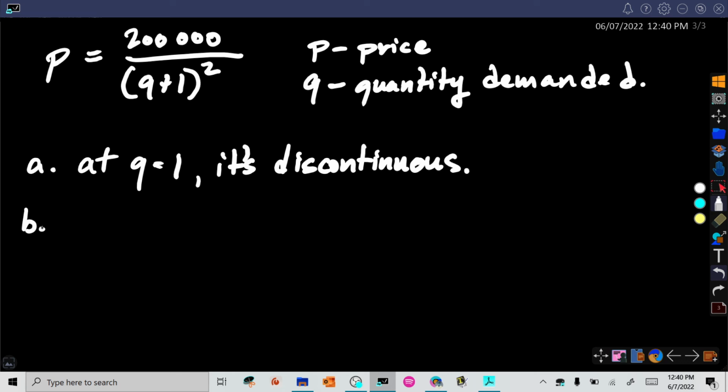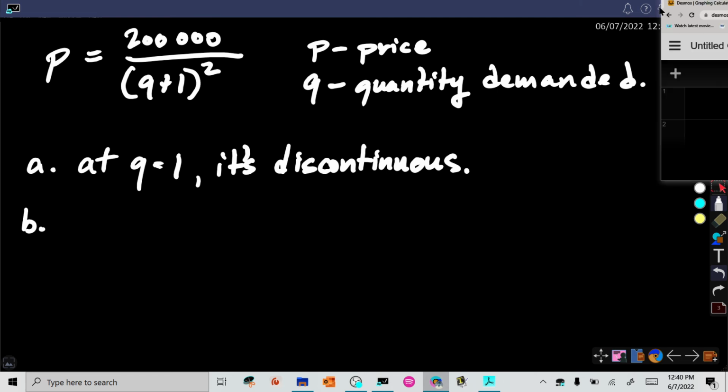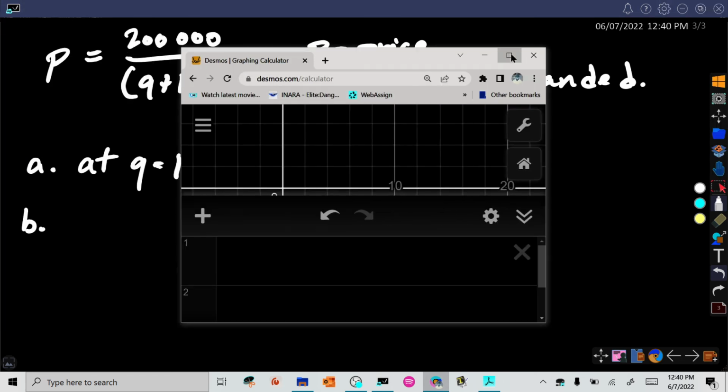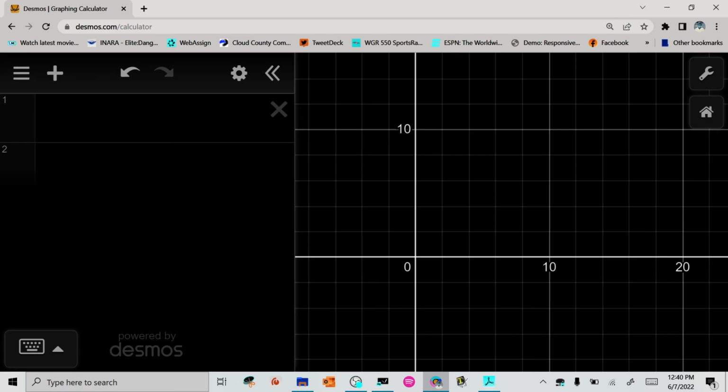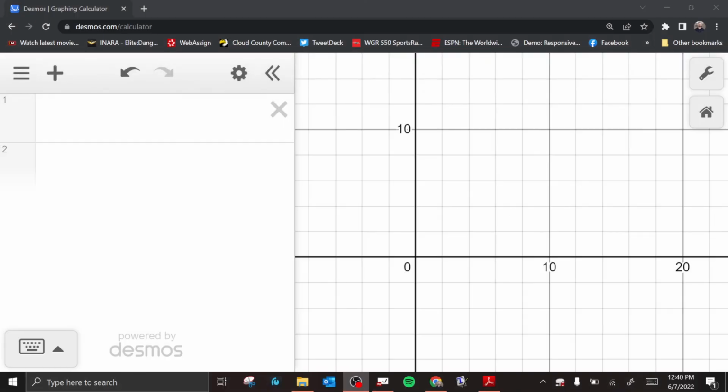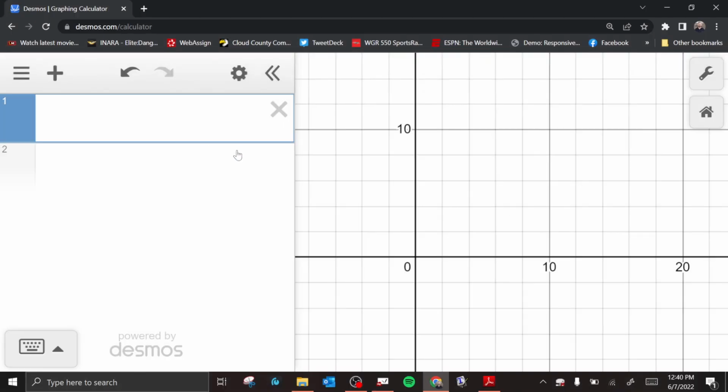So let's actually go ahead and graph this. So I'm going to go ahead and switch over to my browser here. Let me go and pull this up. And give me just a minute. Okay, so let's go ahead and substitute in our equation.